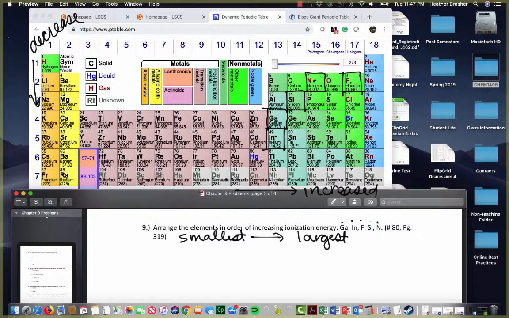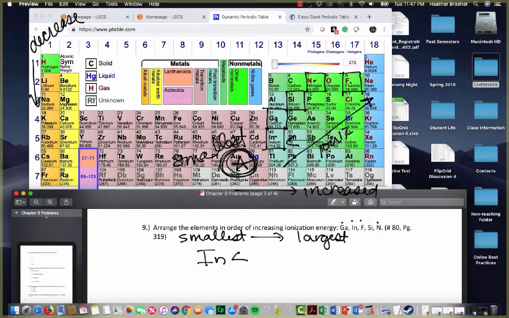So whatever is down here, the farthest to this side, is going to be the smallest. So we can see that this guy is there. So we're going to put In, and that's less as we go. So we can basically go as we're going this way.